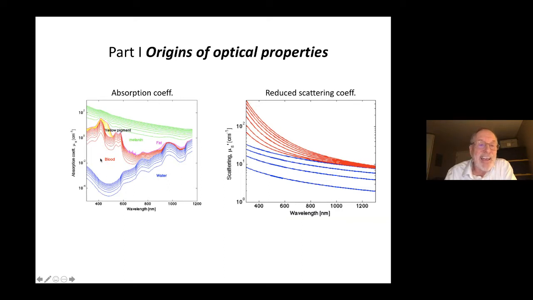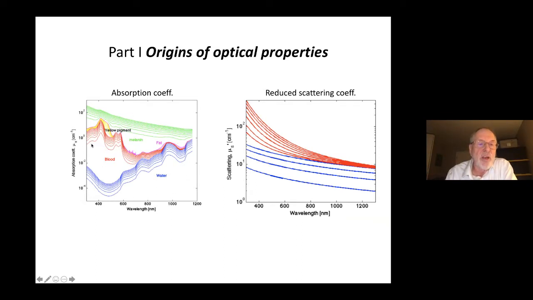So I've added the blood to the water. So this increase is due to blood, and here the increase is much more modest, and here it's very negligible. So adding yellow pigment on top lifts it some more, fat, and then adding melanin lifts it even more. So that's what I mean by this.